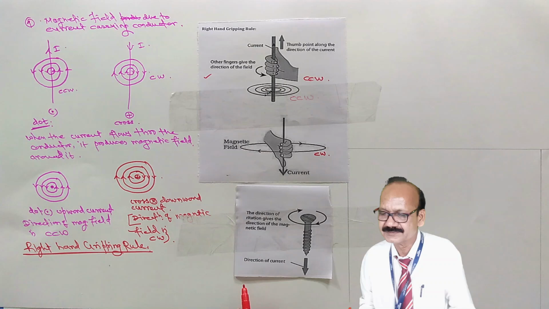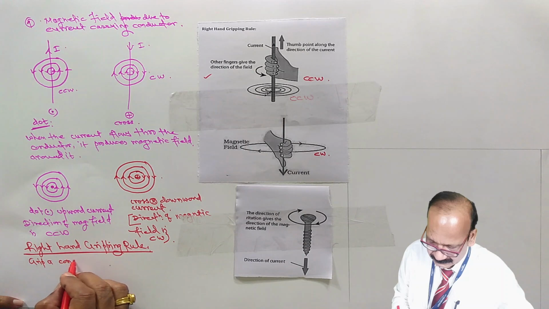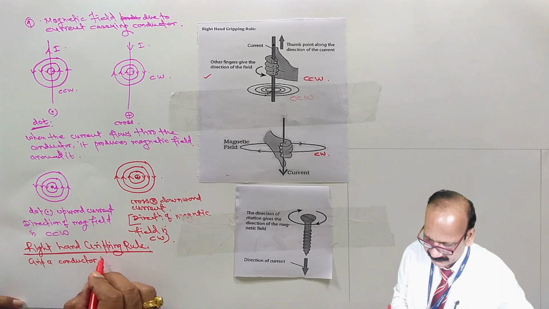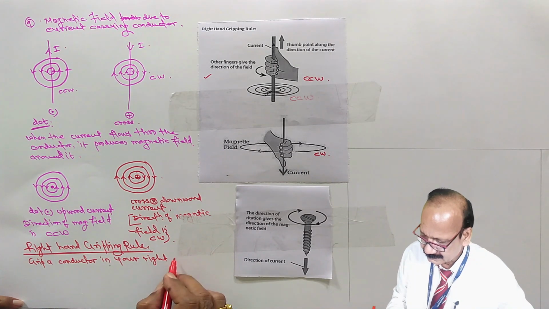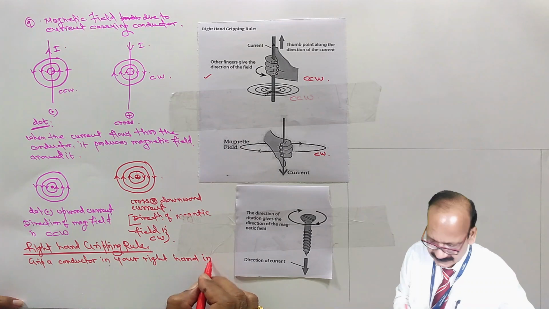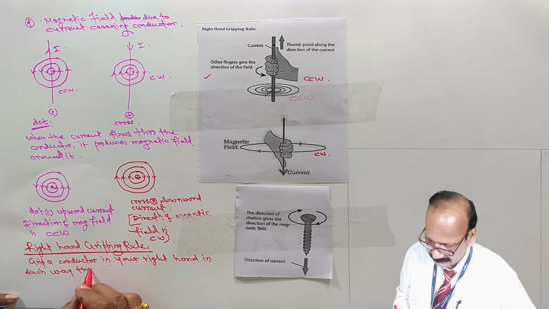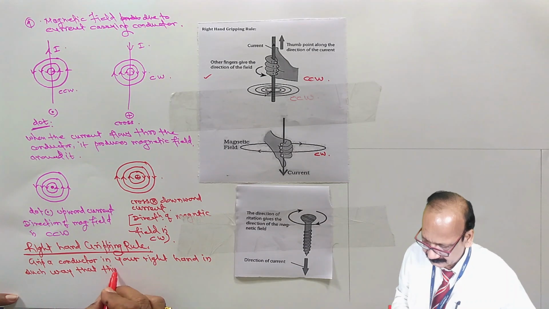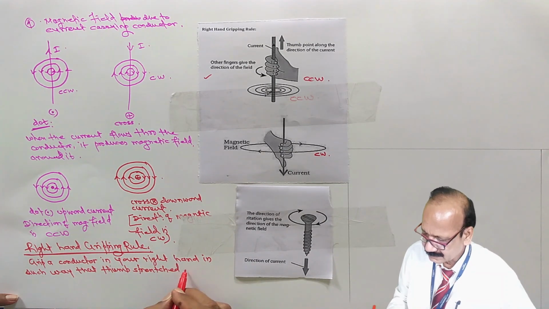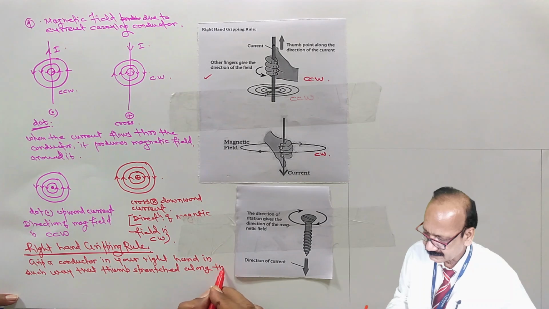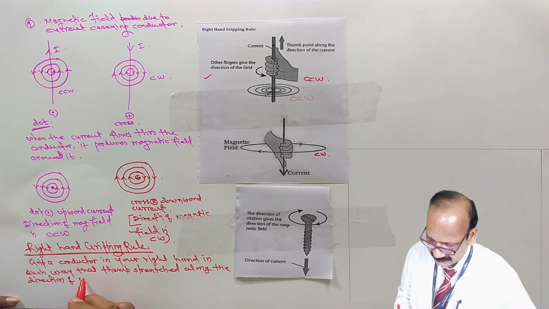So let us write here: grip a conductor in your right hand in such a way that thumb is stretched along the direction of current.